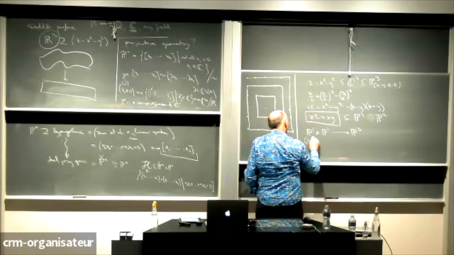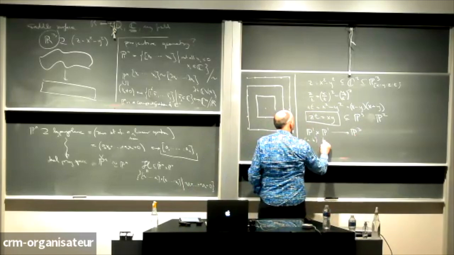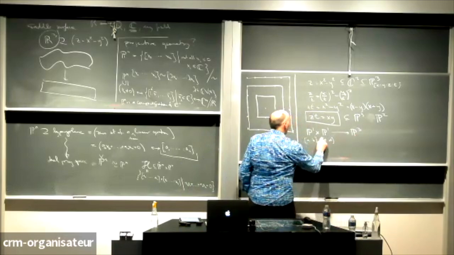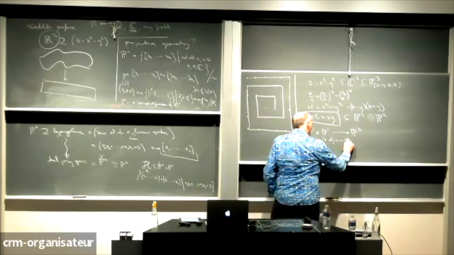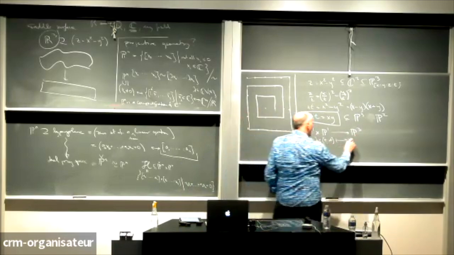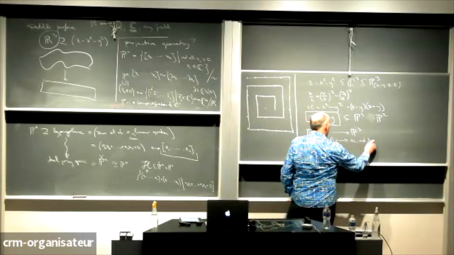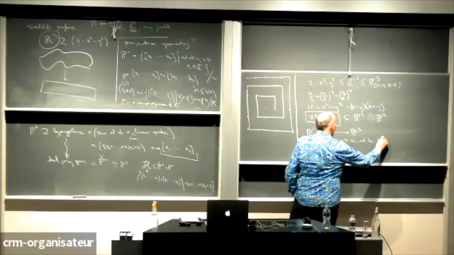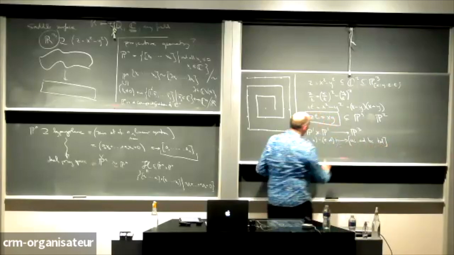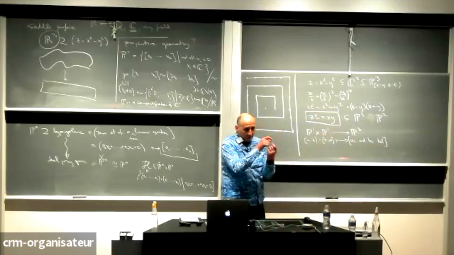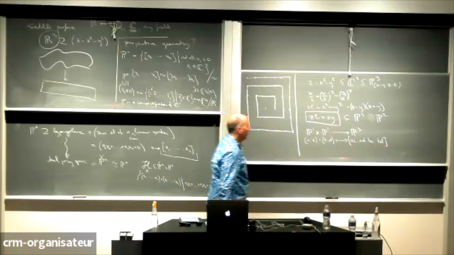Let's say the coordinates are A, B, and C, D. And I map A, B, C, D to AC, AD, BC, BD. So I multiply each of these with each of these, not in the same coordinate.